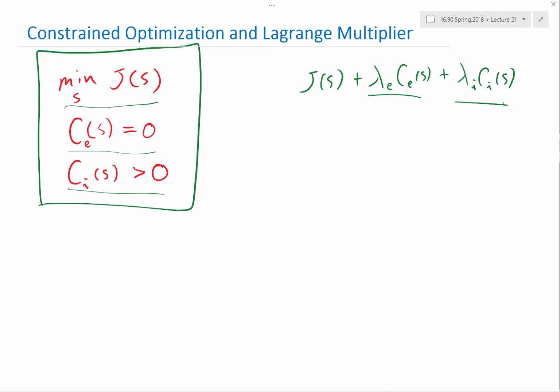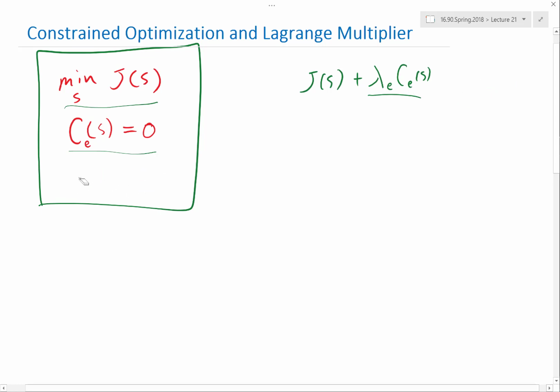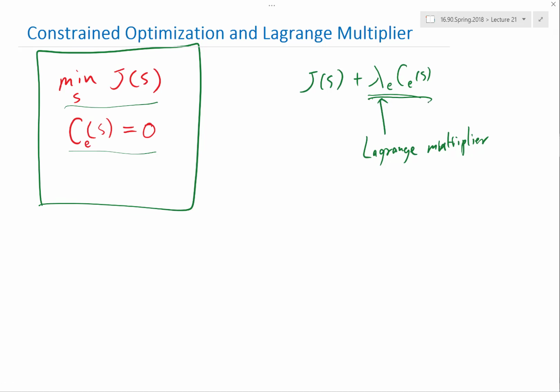Oh, let's actually consider the equality constraint case first. So let's consider, first of all, this case when I have an objective function and an equality constraint. It's easier to see that if I'm adding a Lagrange multiplier, so lambda is called the Lagrange multiplier, then the term I'm adding actually has to be exactly 0 at the solution to this optimization problem.